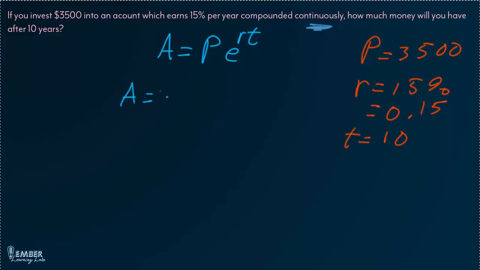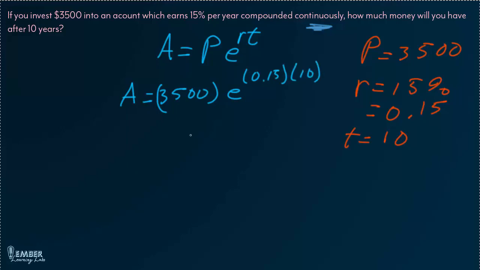So A equals 3,500 times e to the 0.15 times 10. When we multiply these out, you end up with 3,500 e to the 1.5.